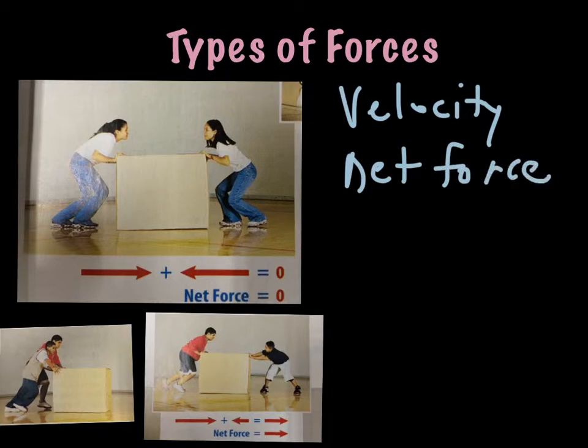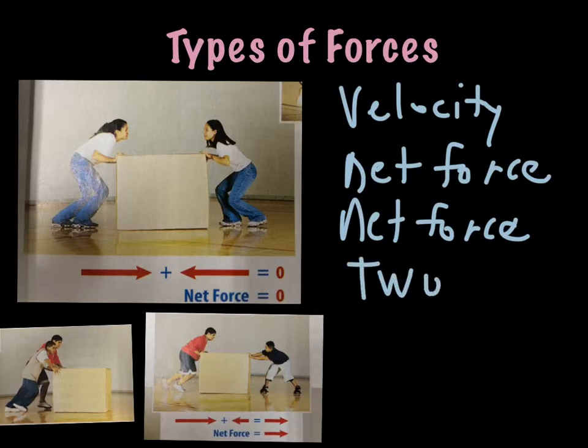This girl is pushing equally this way, this girl is pushing equally that way, so the box doesn't move at all. Net force is the combination of 2 or more forces acting on an object. So these 2 girls' forces adding together equal a net force.